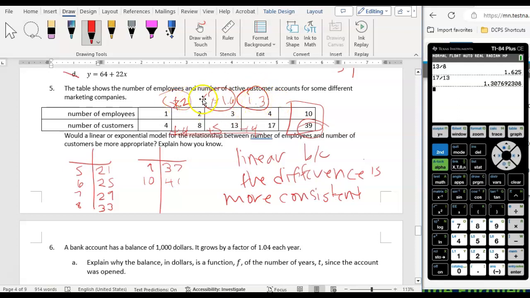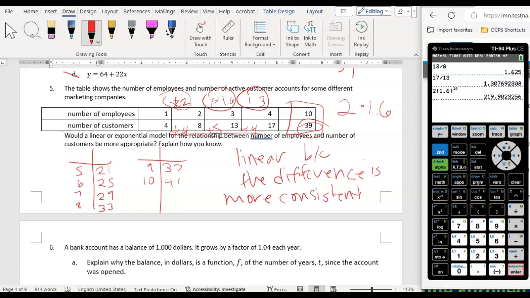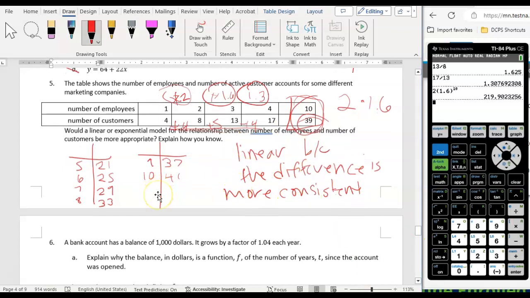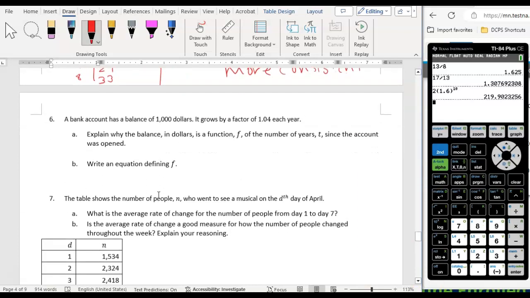If we were to estimate this, maybe it would be like 2 to the second, or even let's do 1.6 power, right? So to the 10th power, you would get 219. You would get a much bigger number than 39 at the 10th value. So this generally seems to be looking a little bit more linear.